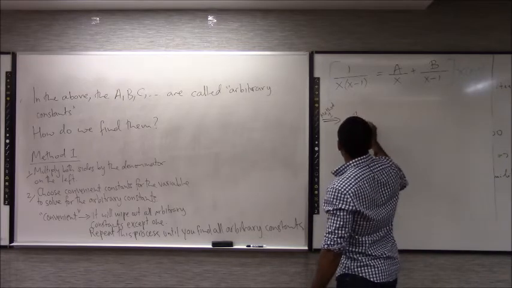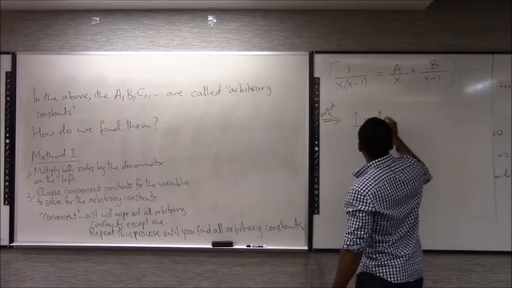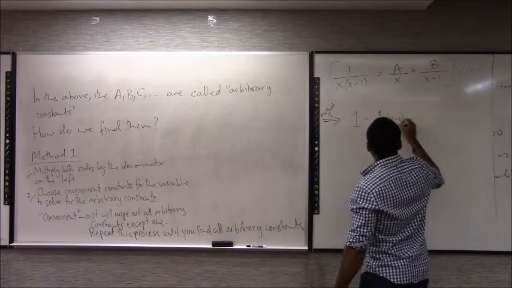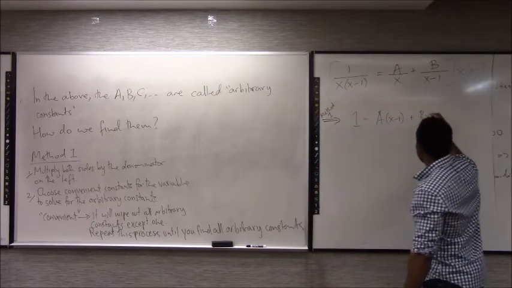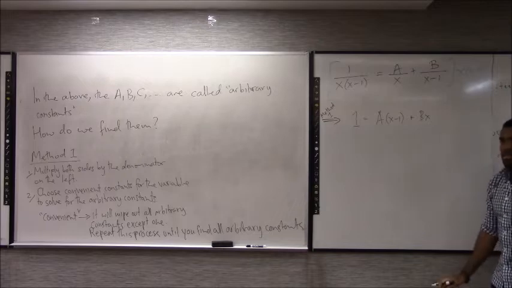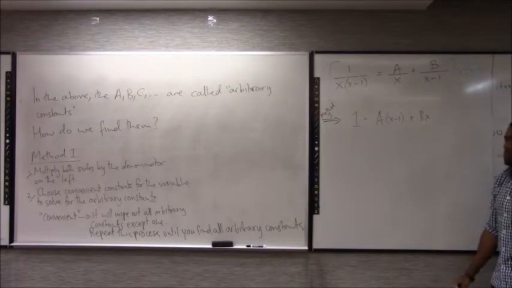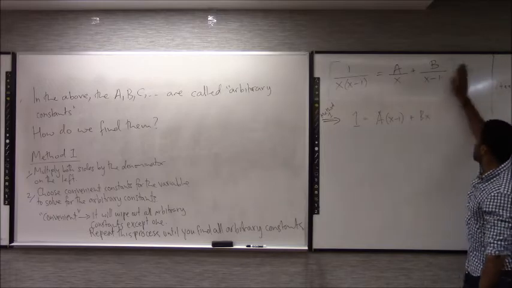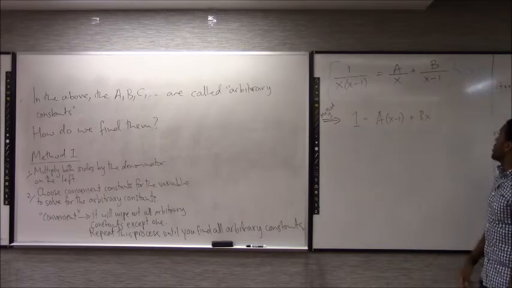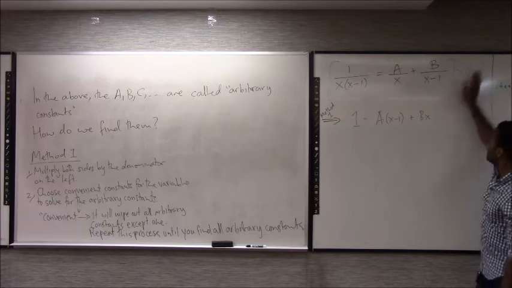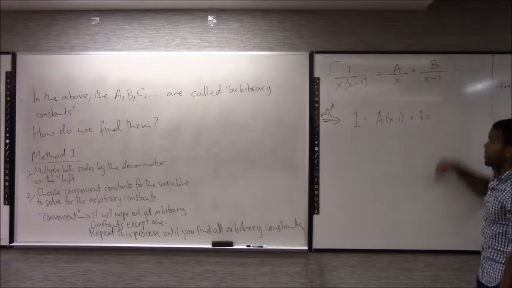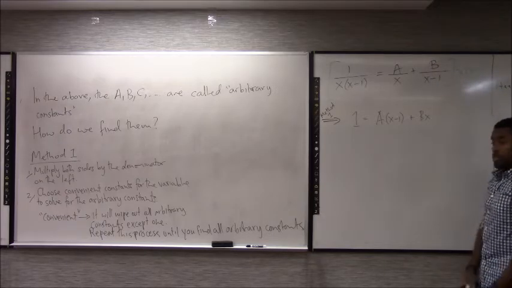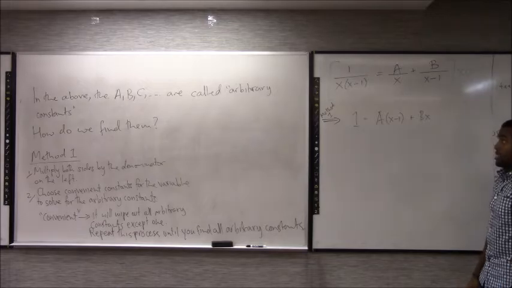This would result in 1 equals a times x minus 1 plus b times x. Do we see how that happens? If I multiply this by that, the x's would cancel, I would get this. If I multiply this by that, the x minus 1s would cancel, and I'd be left with the x. So I get this new equation that has no fractions in it.